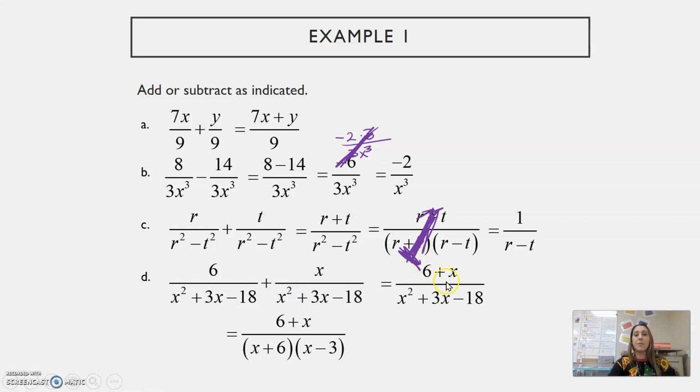So if we factor that, the factors of negative 18 that add up to 3 are 6 and negative 3. So we get x plus 6 over x minus 3. And then the 6 plus x does look a little different, but this is basically the same thing as this. So this is going to turn into a big 1. And we end up with 1 over x minus 3.